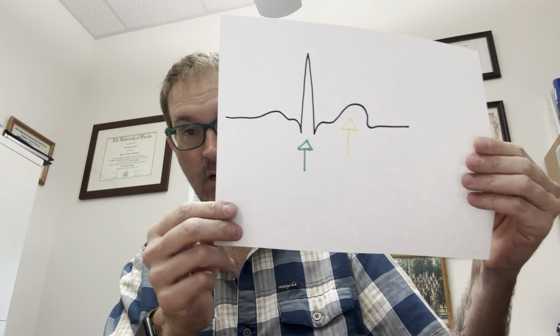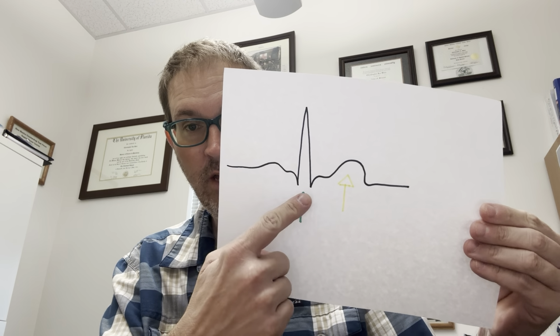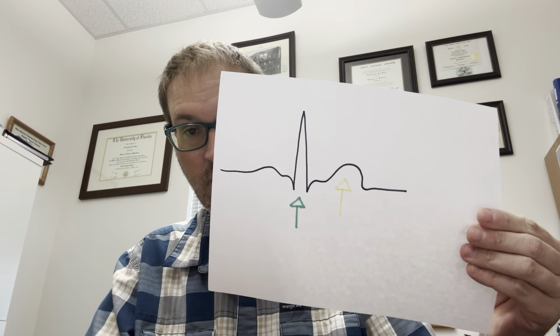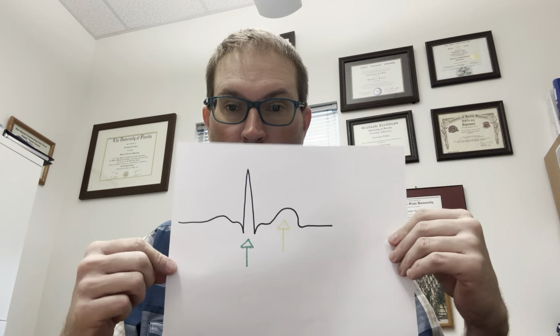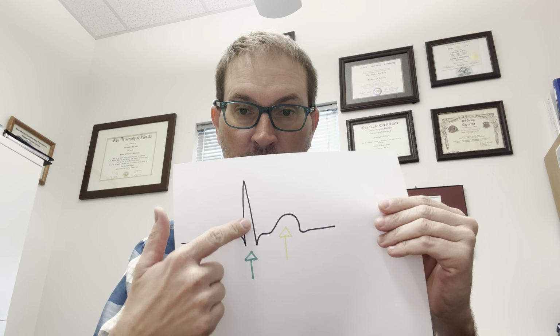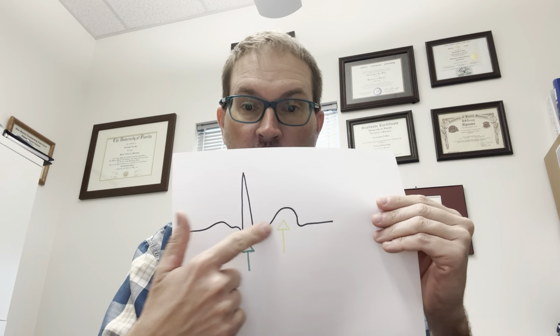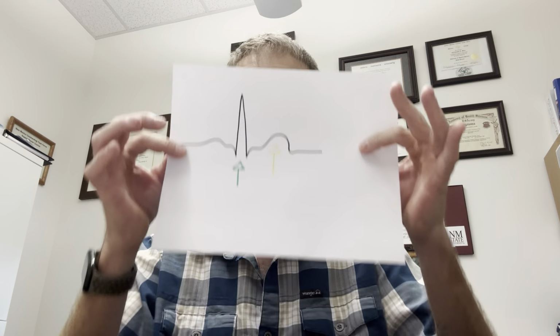So I've taken the liberty of drawing one. So you've got the P wave, the QRS complex, and the T wave here. And this is more or less normal. And you can see that the QRS complex is upright and the T wave is upright. And this would be what we call concordance of the QRS complex and the T wave. They move in the same direction.